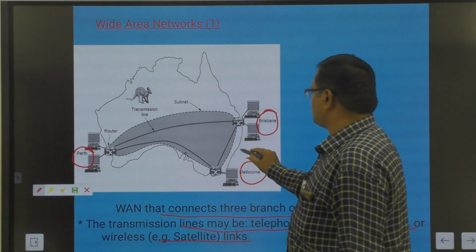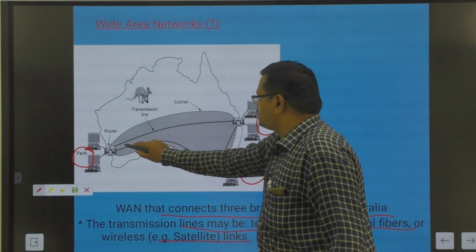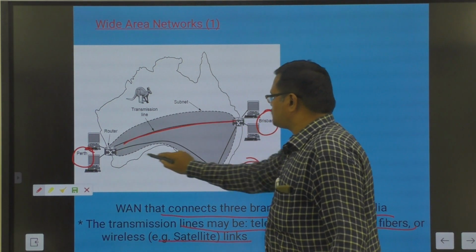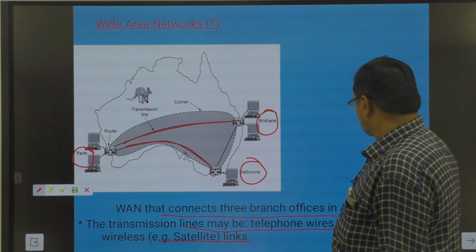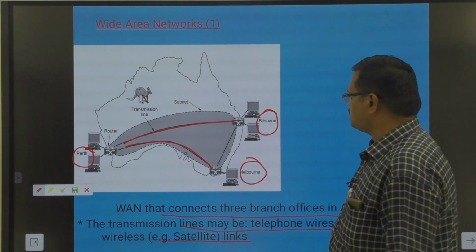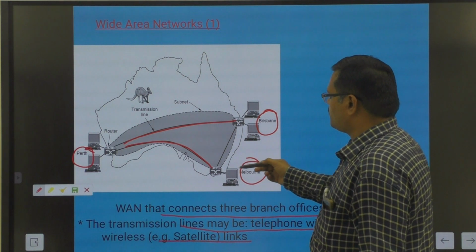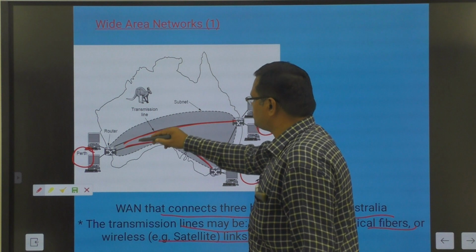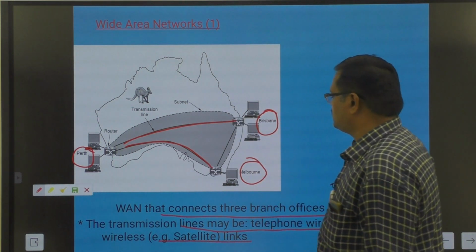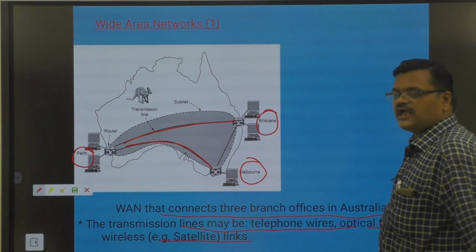Okay, so this is a transmission line, and this is a transmission line. Either it could be telephone wires or optical fibers, and satellite links. So this is a satellite link. Like that, the transmission lines could be any of these 3.